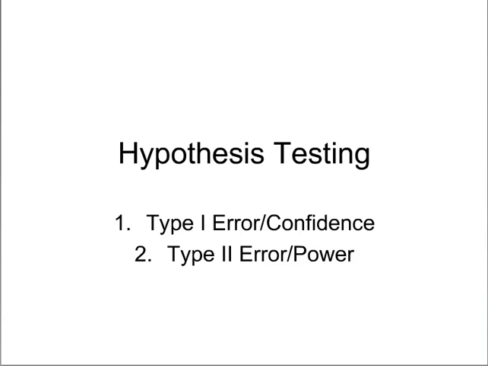Well, you've got to consider what else can go wrong. And the other thing that can go wrong is you accept a null hypothesis that is in fact false. Now that is what's referred to as a type 2 error.